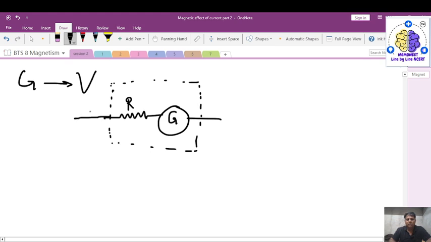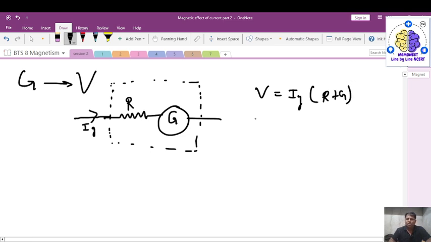So if the current entering into this is Ig, the full scale deflection current, then the voltage V will be equal to Ig into (R plus G).